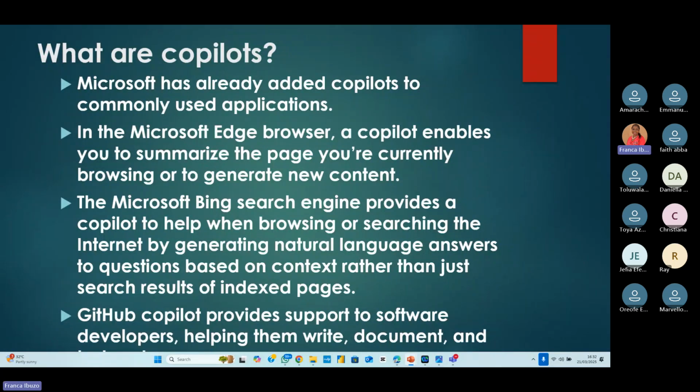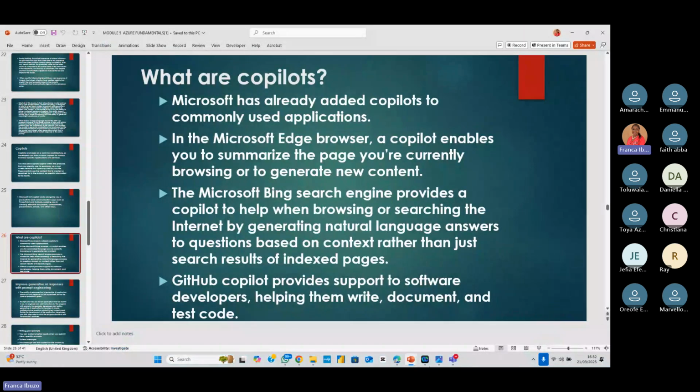I'm sure you would have used Microsoft Bing to search for things. And you also have the GitHub Copilot. This provides support to software developers, helping them write documents and text tools.